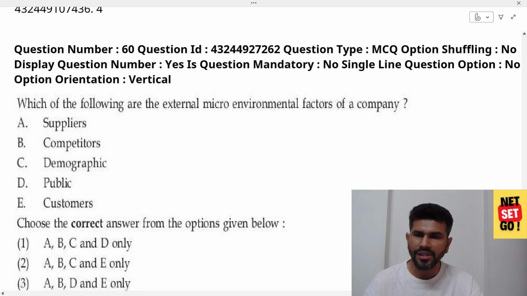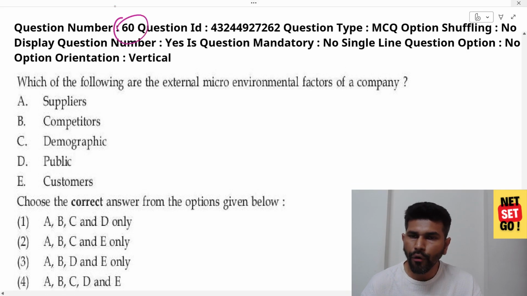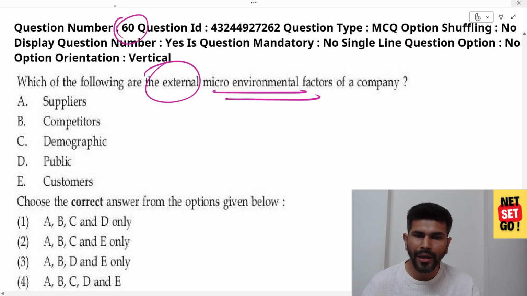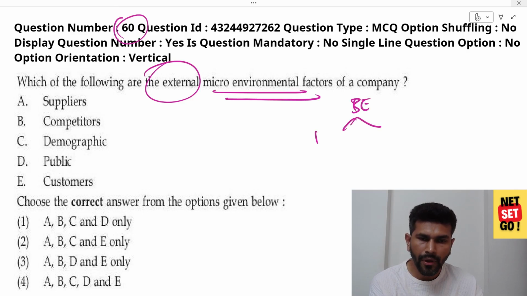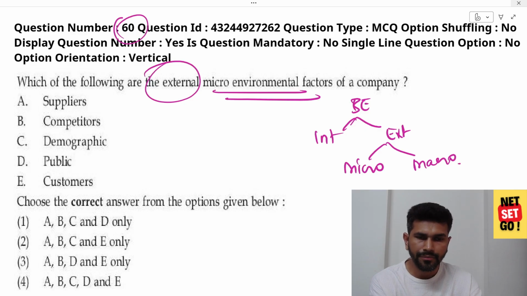Next, question number 60. Which of the following are the external environmental factor? So, business environment can be classified into internal and external environment. External environment can be further classified into micro and macro environment.